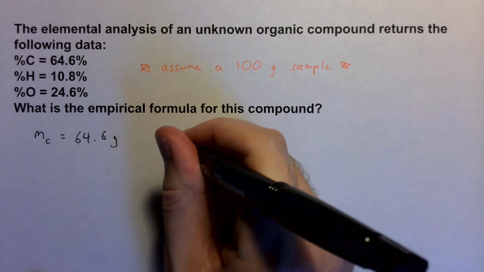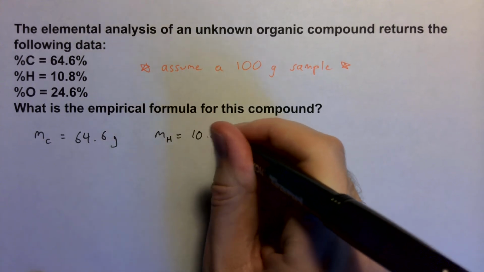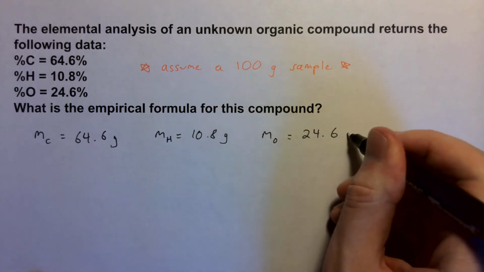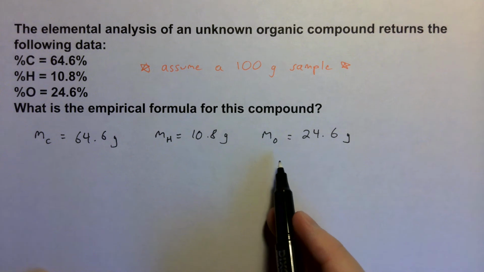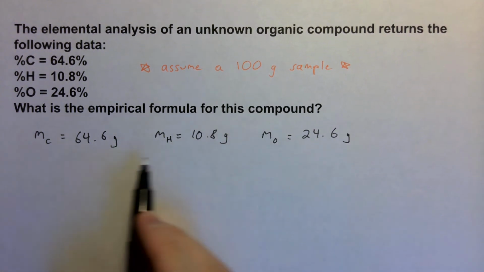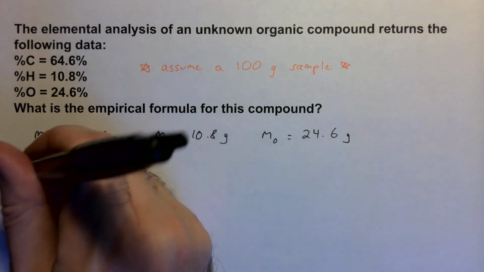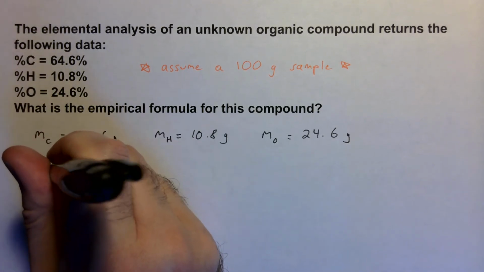The mass of the hydrogen, 10.8 grams, and the mass of the oxygen, 24.6 grams.